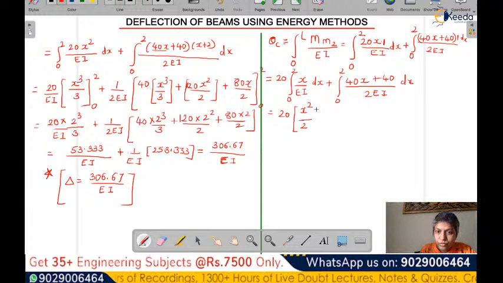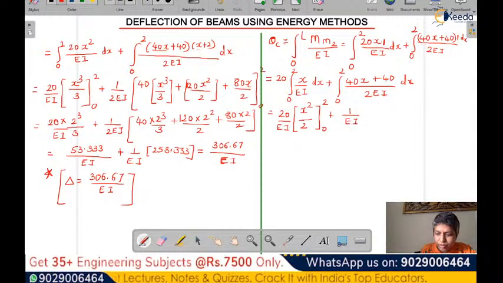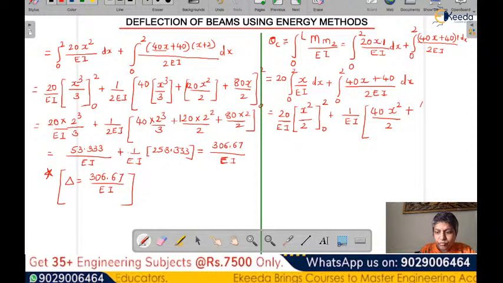Yeah. So this is 0 to 2, and the EI, let's take it out of the bracket. Then again let's take out this EI outside the bracket, and then our value remains as 40x square by 2, okay, plus 40x, that is 0 to 2.